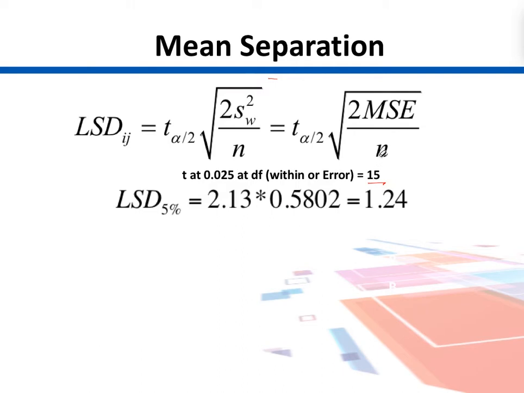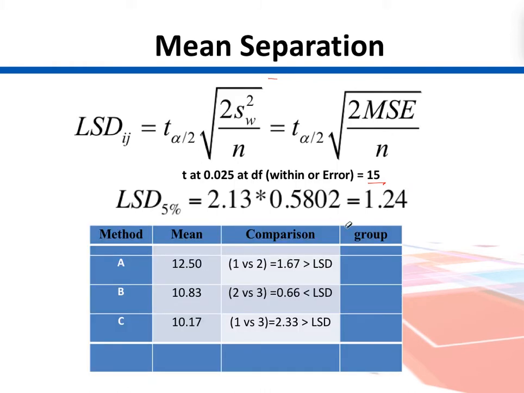So the number which we ended up with was 0.5802, and when we multiplied with this t alpha by 2, that was 2.13, and our LSD which we calculated over here is 1.24. Now our least significant difference is 1.24.